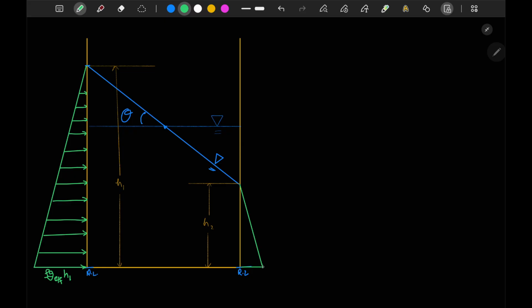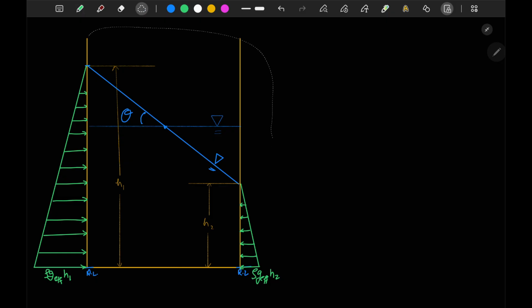And this is your pressure distribution. On this side there will be a pressure distribution as well. At this point the pressure will be rho g effective times h2.